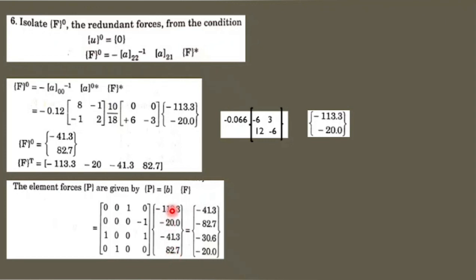So minus 113 plus 82 will be minus 30.6. And last column will be only center component, that is second column. In the last row you have value 1 into minus 20 will be minus 20. This is simple.